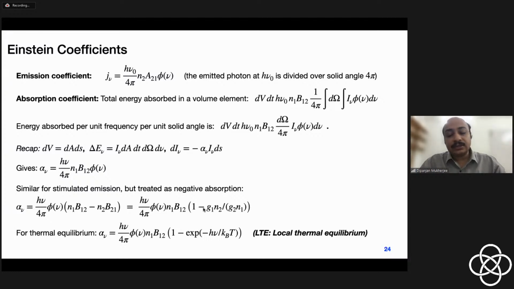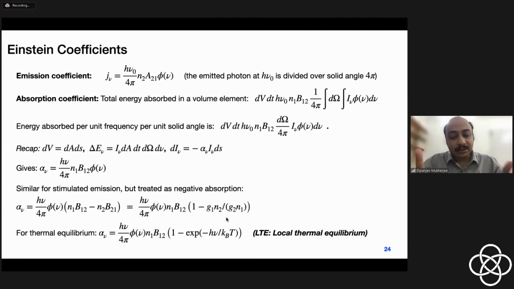First of all, this assumes a further approximation, which is called local thermal equilibrium. We can take N1B12 outside the bracket, leaving 1 minus G1N2 by G2N1.